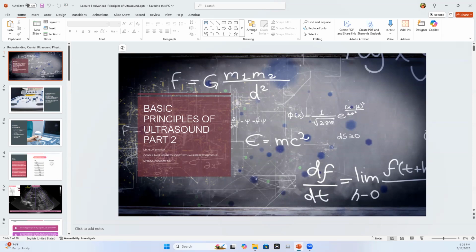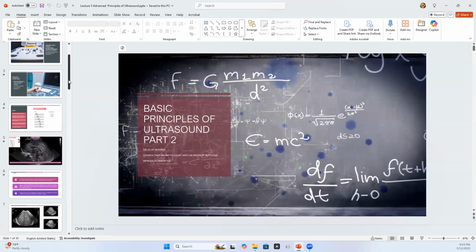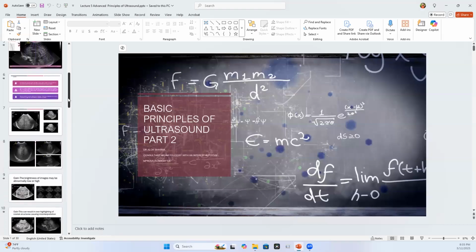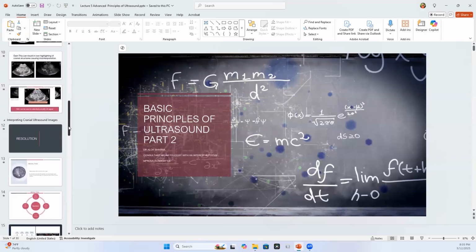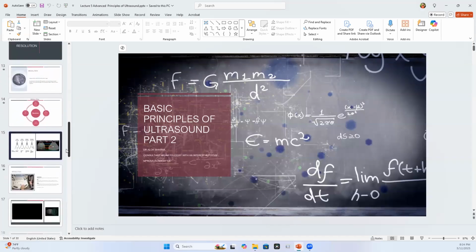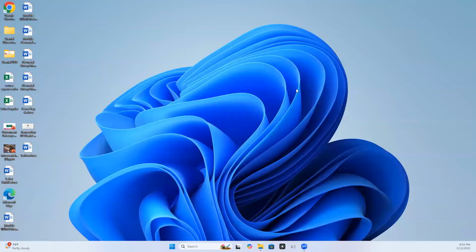But for me, what is very important is that you have a very good understanding of the concept of frequency, a very good understanding of the concept of wavelength, why we use high frequency probes and low frequency probes in certain situations, and then again, the concept of acoustic impedance.